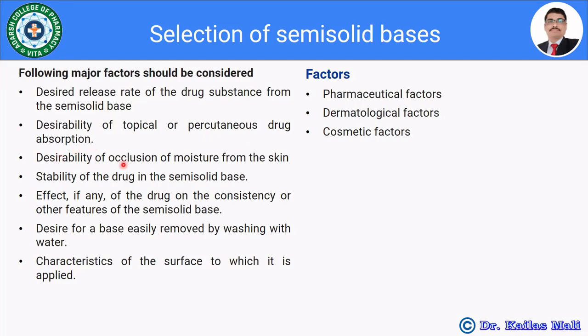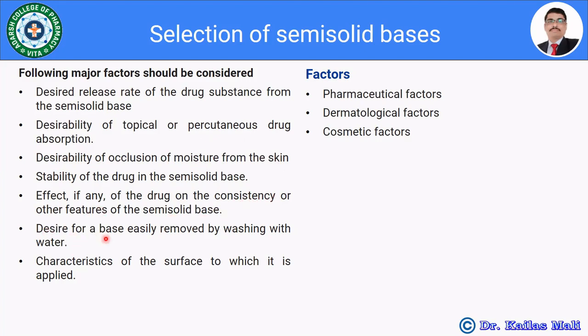Then desirability of occlusion of moisture from the skin. This is the third factor which needs to be considered. Then stability of drug in the semi-solid base. Sometimes drugs are not stable in semi-solid bases. Then the effect, if any, of the drug on the consistency or other features of the semi-solid base.